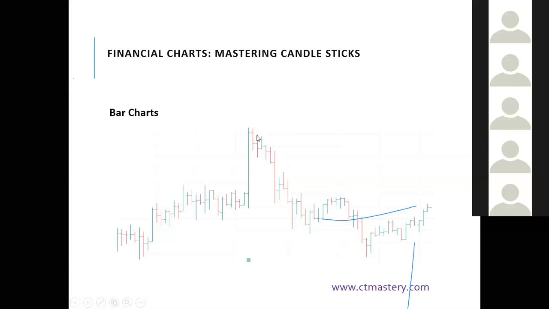It's also telling us that during this time, price went as high as this top tip, and also came down to this low, came up again and exited here. So the bar chart gives us more information when compared to the line chart.